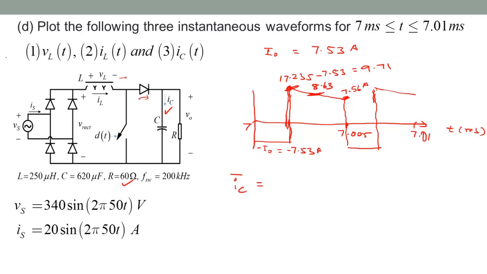Okay. Then I wrote IC bar as this minus 7.53 for a duration of D, plus the 8.63 for a duration of 1 minus D, and I got the IC bar to be 2.3 amps.